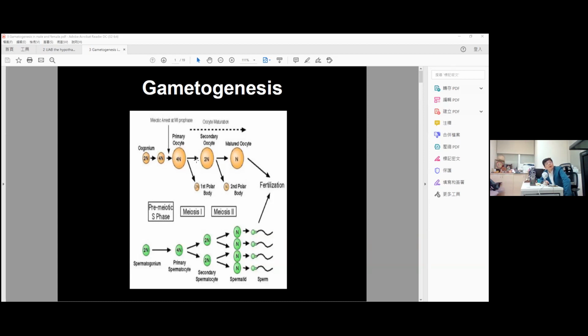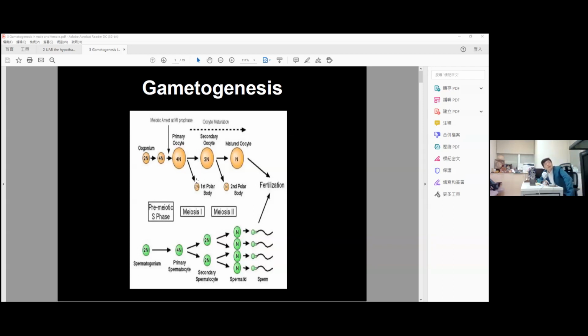So they become 2N and 1N. And this is a similar condition in the sperm. Secondary spermatocyte is 2N. Spermatid is 1N. Once you get a tail, it is a sperm. They have migration and motility.